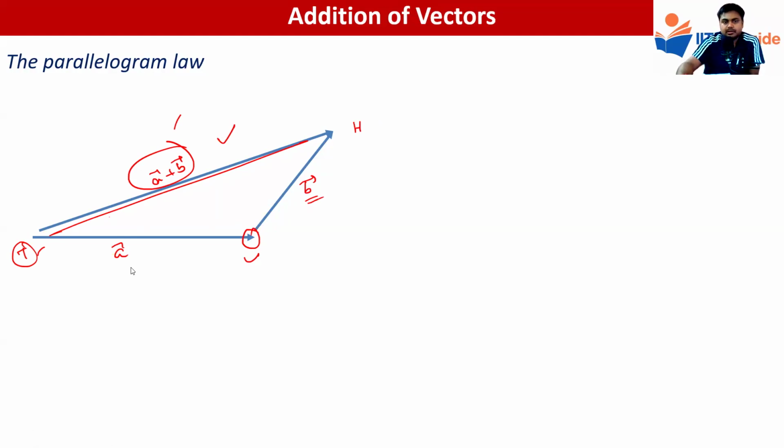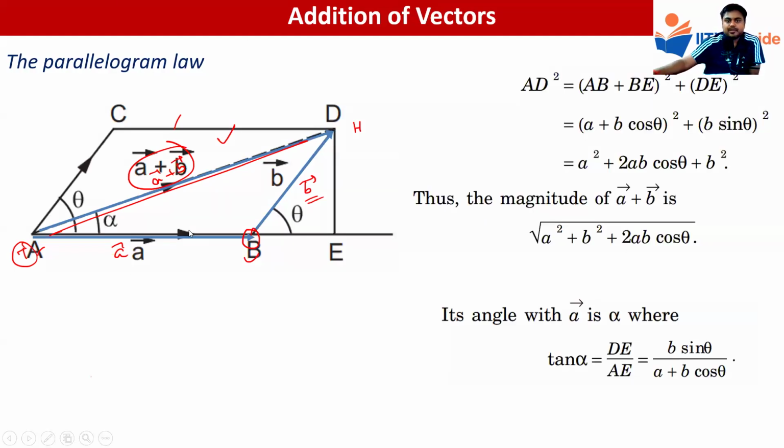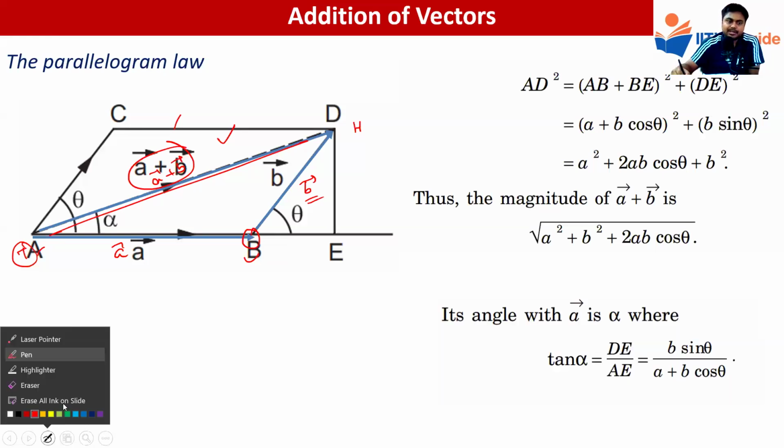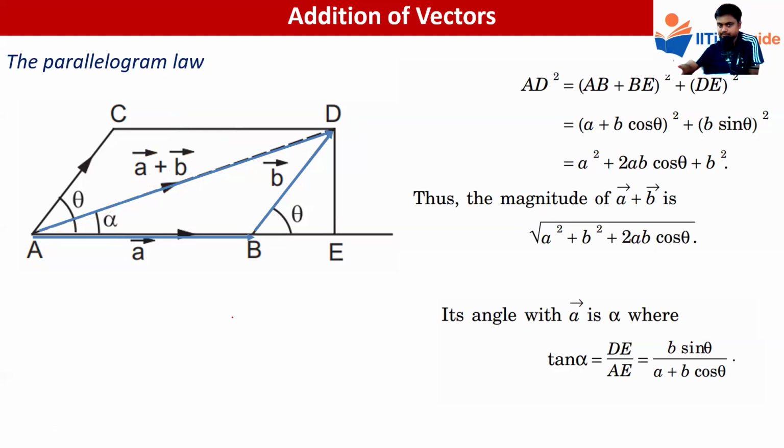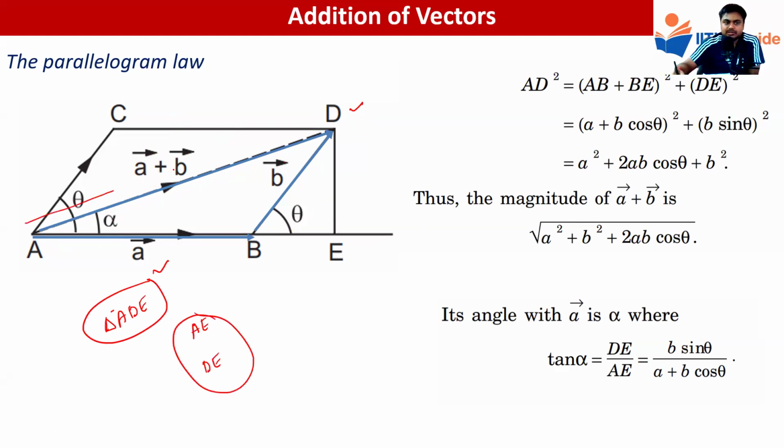Now, how to find the magnitude and the direction of the a plus b vector? If we see the triangle ADE, in this triangle, the leg is A and D, and the length of the hypotenuse gives us the magnitude of the A vector plus B vector.